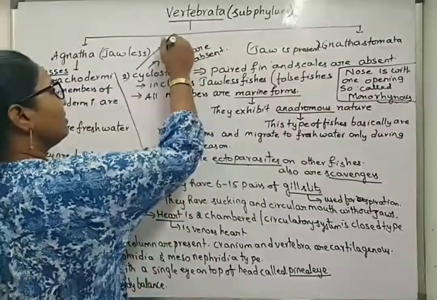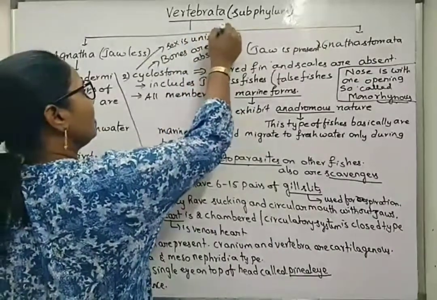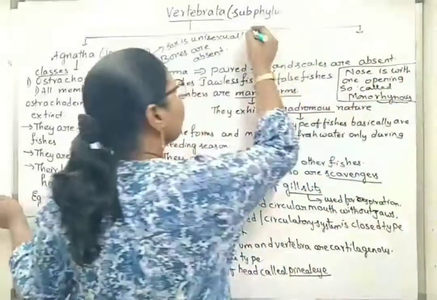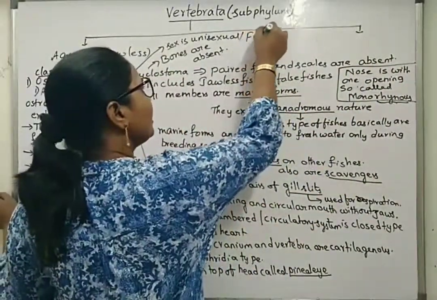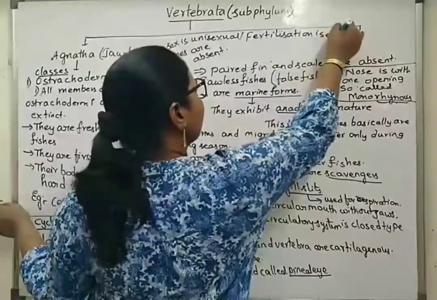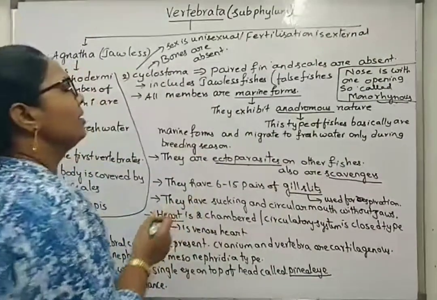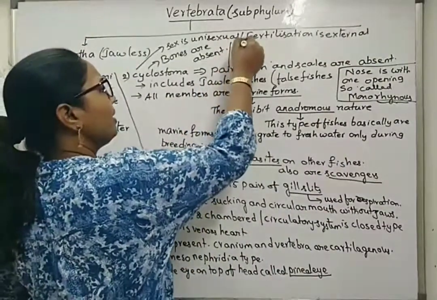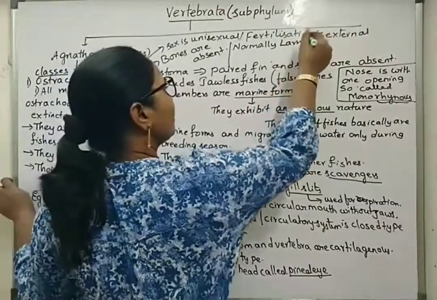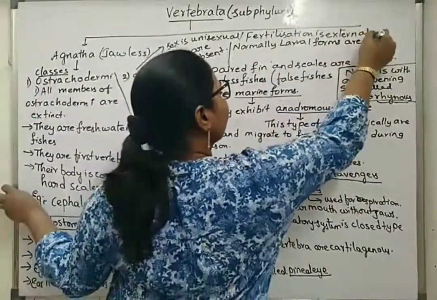They are unisexual, and in these members fertilization is external. Normally, larval forms are absent.